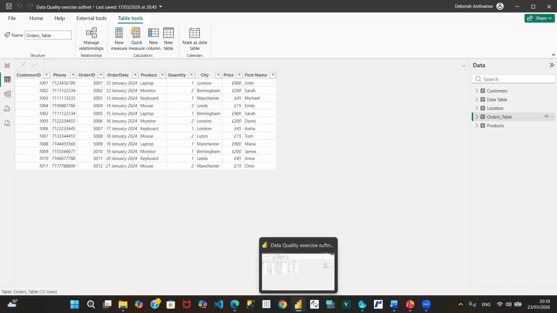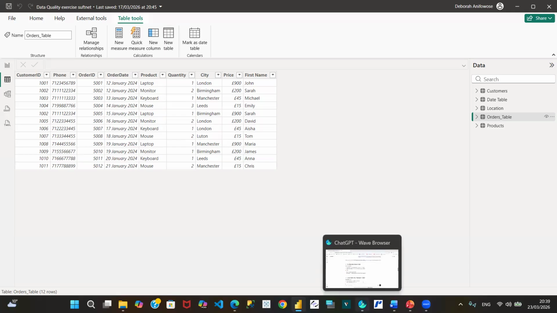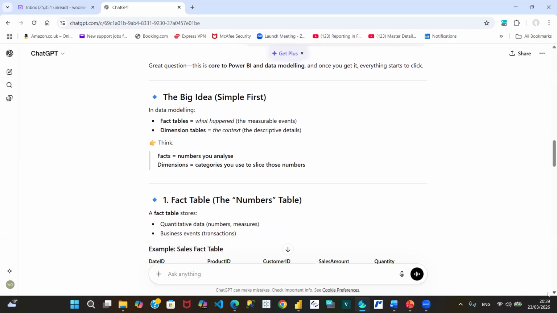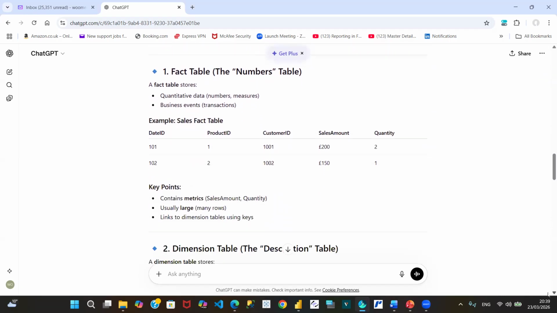So very quickly, I don't want us to go too long into the hour because of our 9 o'clock. Fact table, the numbers table. There is other information on the fact table as well, obviously, but we are majorly concerned about the numbers that we can measure on the fact table.